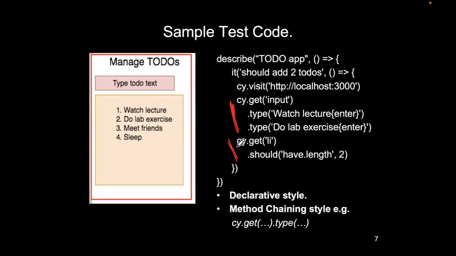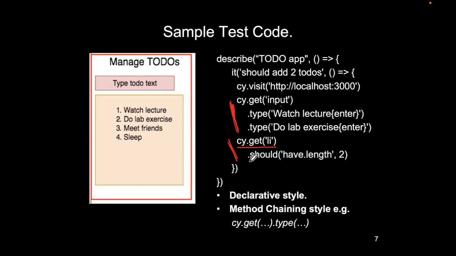So cy.get li should return an array of all of the matching li elements currently on the page. Now, because I typed in two to-dos, there should be two li elements on my page.